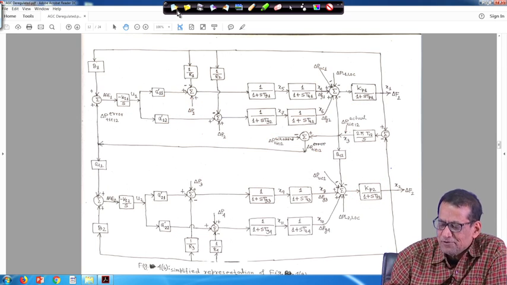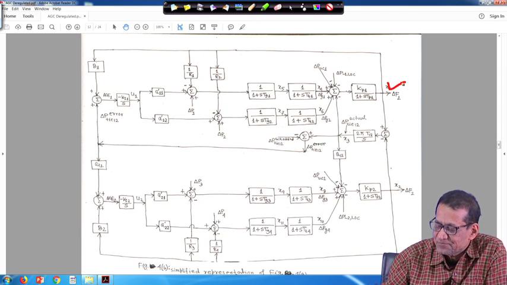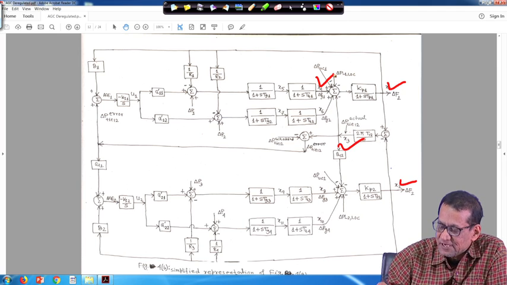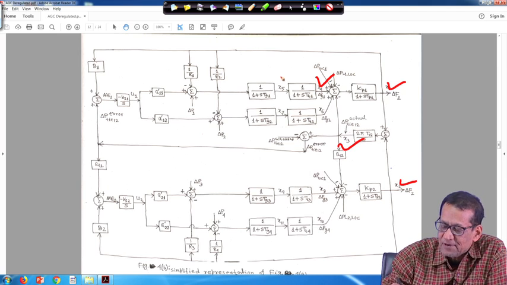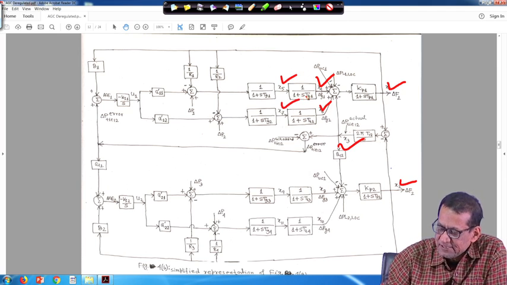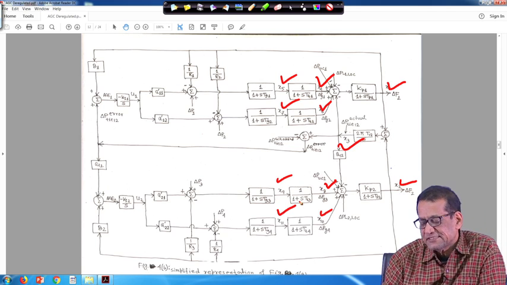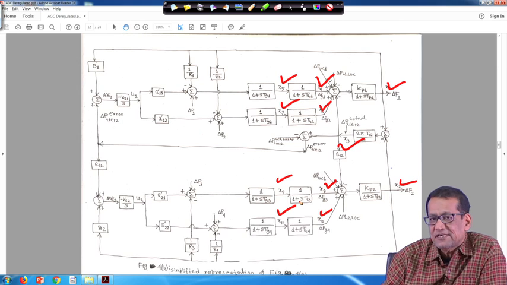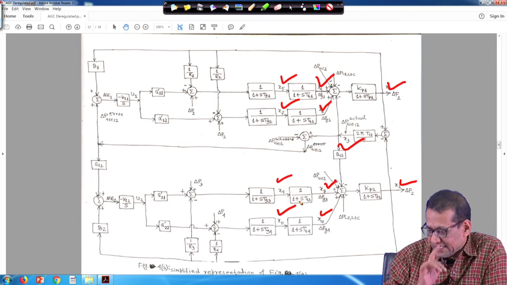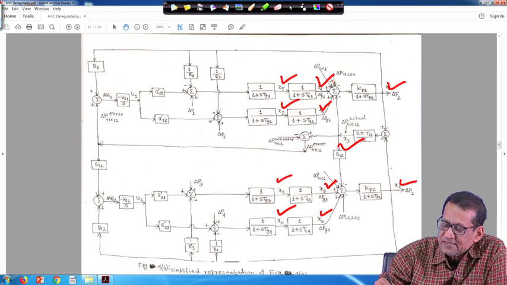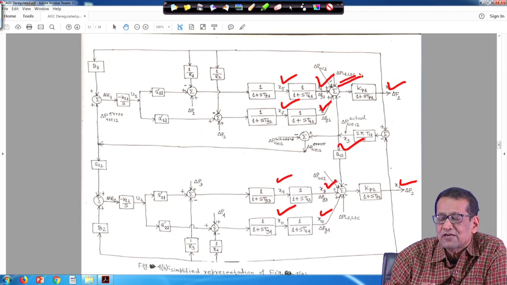So, if you look into that, how many state variables do you have? This is x 1, this is x 2, this is x 3, this is x 4, right, and this is your x 5, x 6, x 7, x 8, x 9, x 10, x 11. So, there are 11 state variables, right. So, the A matrix will be 11 by 11. But another thing is the contracted load demand, reflected as a local load demand, that delta PL1 plus PL2 will be there.